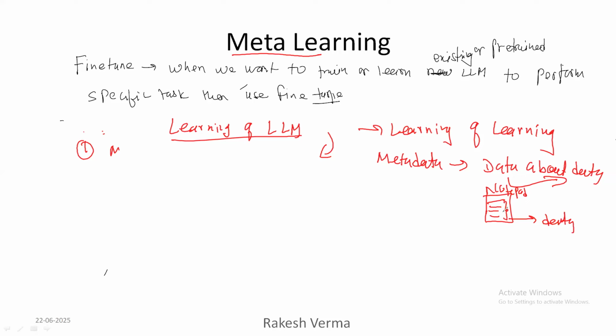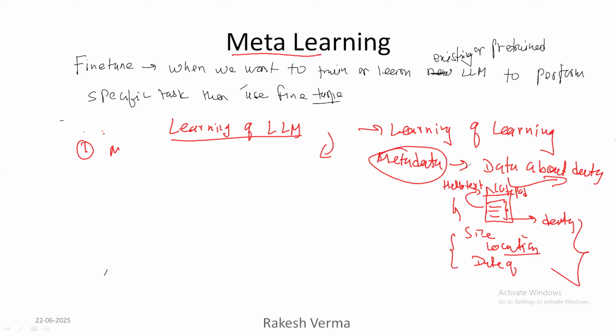When we save this content in a Notepad file, like hello.txt, the file name, extension, size, location where the file is saved, date of creation, and date of modification are all considered metadata. File size, file type, file name, location, and date of creation are all metadata. That is the data about data.